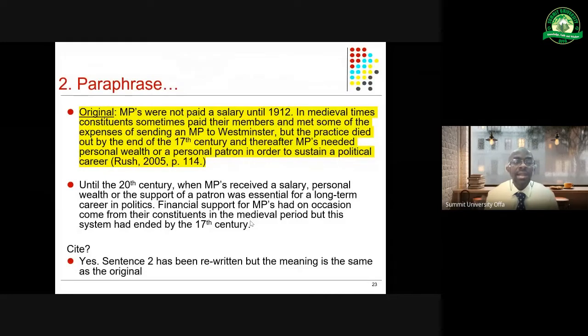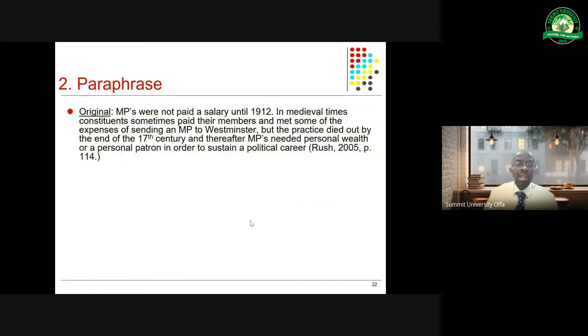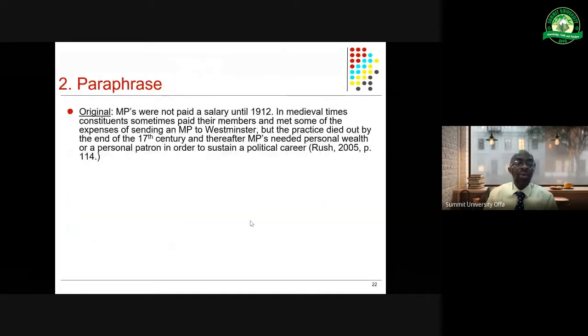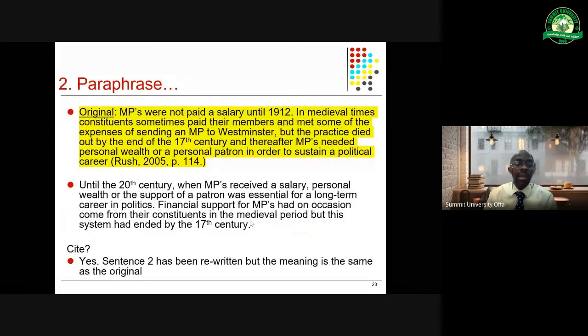You can see that it has been paraphrased here in the second text in white. Until the 20th century, you can see that the original text has been represented with fewer words. So that's why you must cite, because this is a paraphrase. This first example has to do with quoting directly, while this one has to do with paraphrasing.